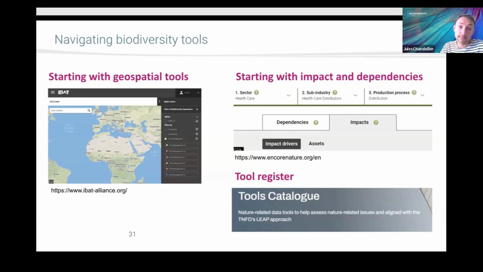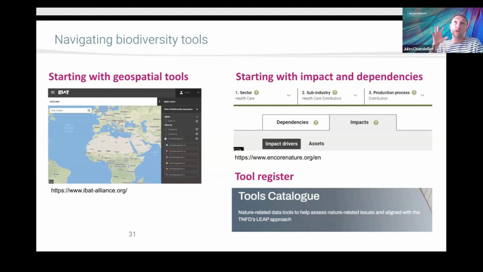For instance, IBAT, the Integrated Biodiversity Assessment Tool, is a good tool to start understanding whether my suppliers are located in protected areas, or there are a lot of different biodiversity sensitive areas which are indicated in the maps.